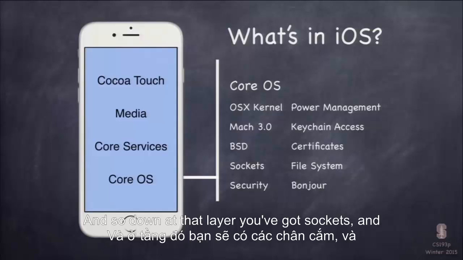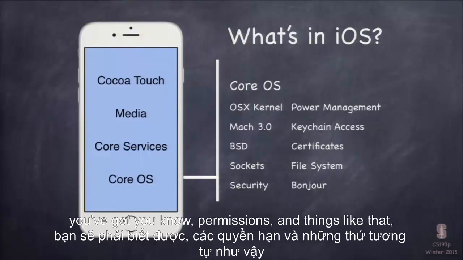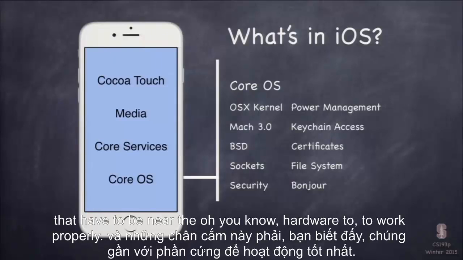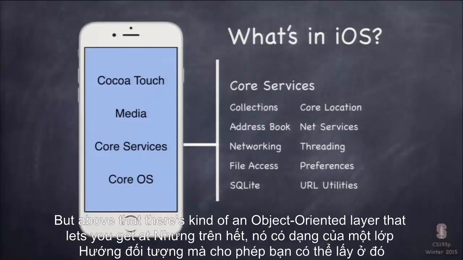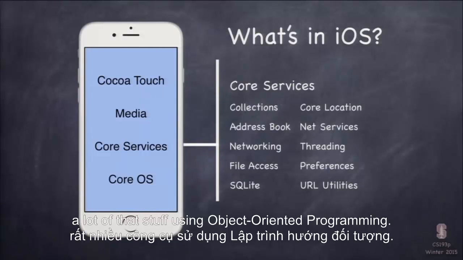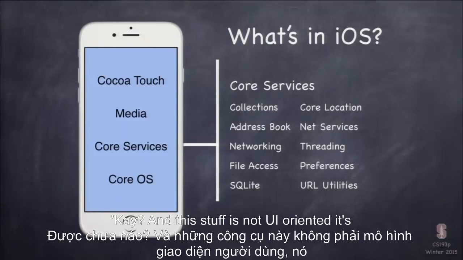And so down at that layer, you've got sockets and you've got permissions and things like that that have to be near the hardware to work properly. But above that, there's kind of an object-oriented layer that lets you get at a lot of that stuff using object-oriented programming. Okay, and this stuff is not UI oriented.